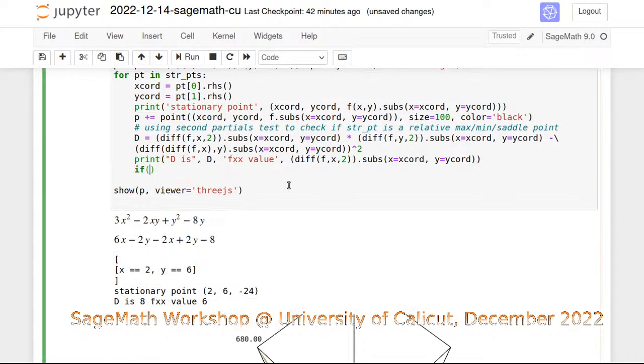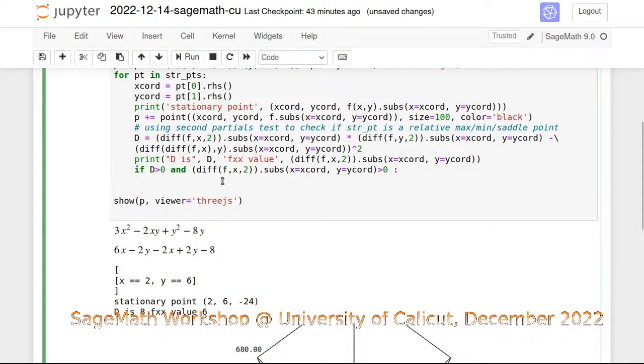what should we say? If D greater than 0 and this value greater than 0, we will say that it's a local minimum.